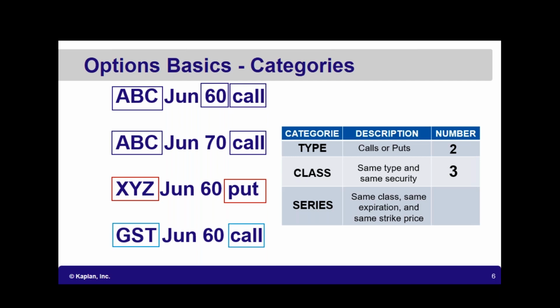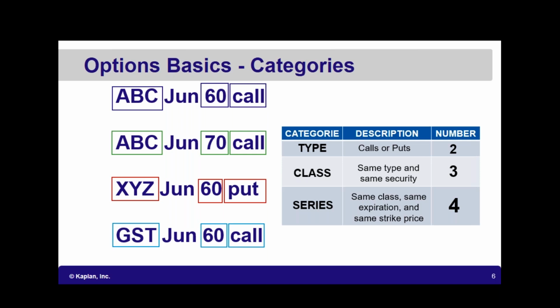But if you notice, one is a June 60 call and the other is a June 70 call. So even though both of them were in the same class, they're now 2 different series of options. And of course, by default, we have our put, and our last call option is a GST 60 call.